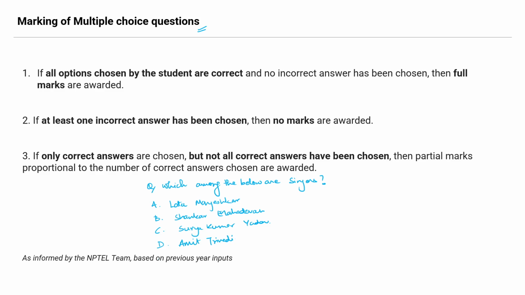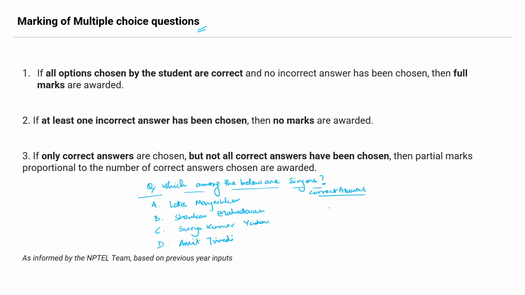All right. Okay, so I have just added a scenario in front of you. The question says, which among the below are singers, who are into the singing profession? The options are A. Lata Mangeshkar, B. Shankar Mahadevan, C. Surya Kumar Yadav, and D. Amit Trivedi. So, who can tell me the correct answers? Anyone?